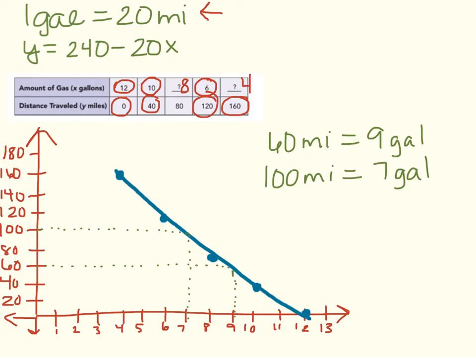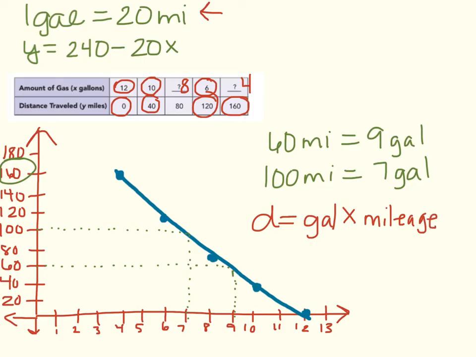After the car has gone 160 miles, how much farther can the car travel before it runs out of gas? Interesting question. So for every gallon used, the car travels 20 miles, right? So distance is going to equal the number of gallons times the mileage. Remember, mileage is a rate.